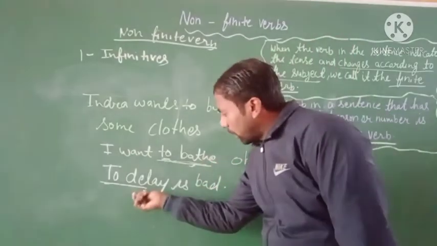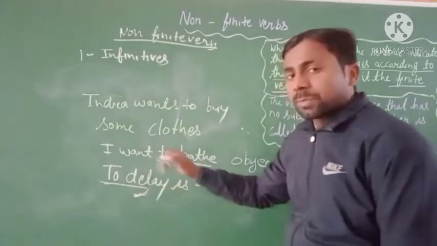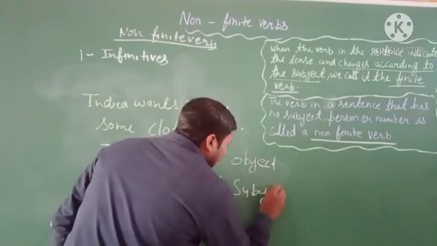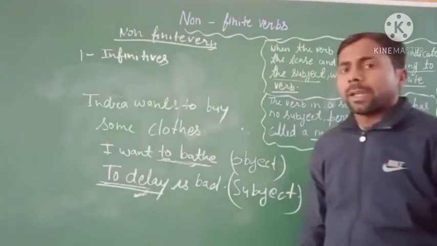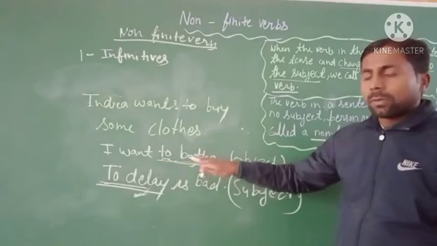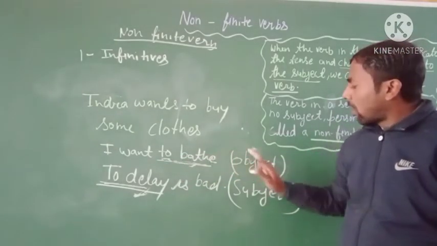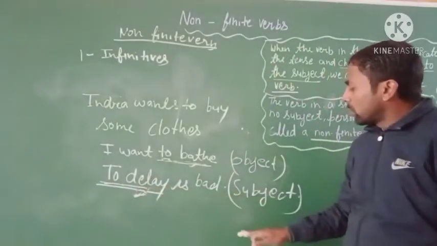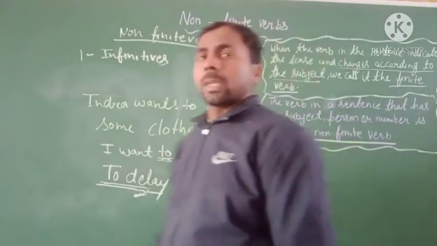And here the verb "delay" with the infinitive "to" you can use as a subject. In the first sentence "to bathe" is used as an object, but in the second sentence "to delay" is used as a subject with the help of "to". Clear?